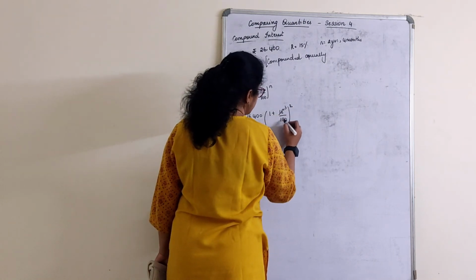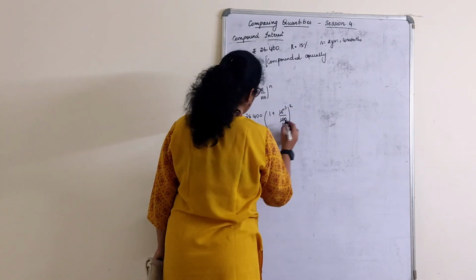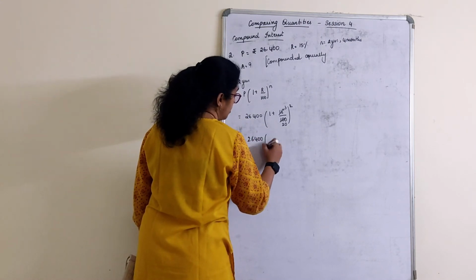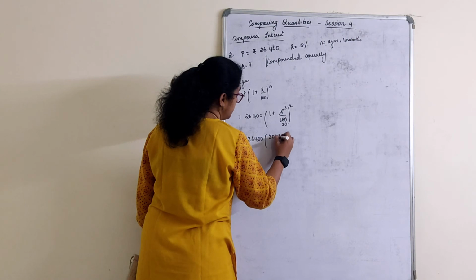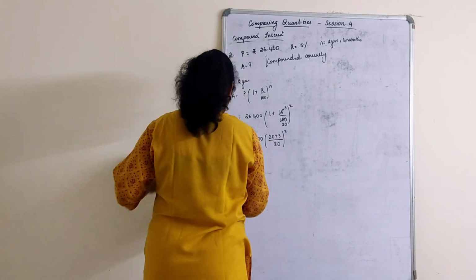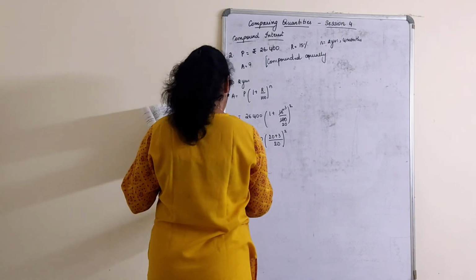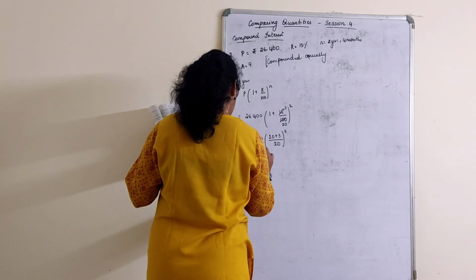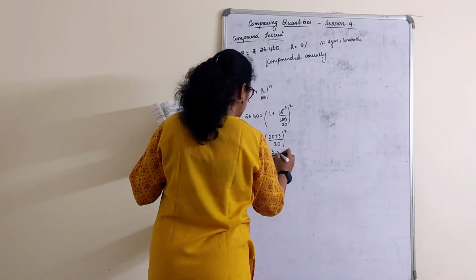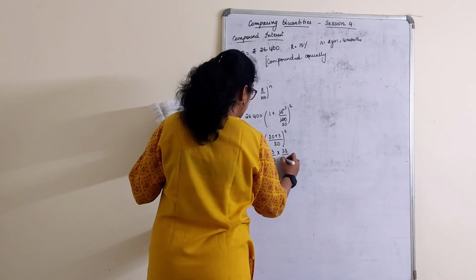So 5 threes are 15, 5 twenties are 100. 26,400 of 20 plus 3 divided by 20 raised to 2. 26,400 into 23 by 20 into 23 by 20.